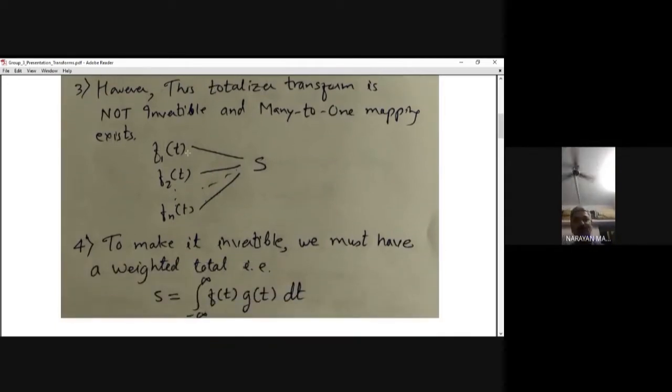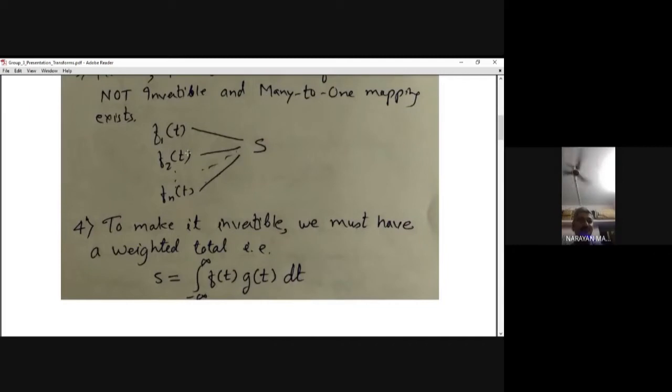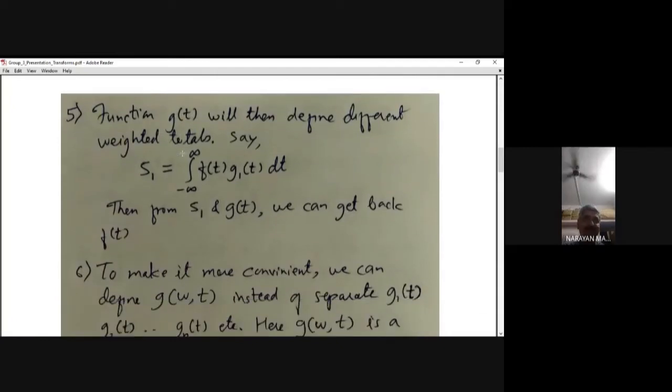Now, to attempt to make it invertible, instead of a plain total we can have a weighted total. It should have been given subscript W, but I forgot to write that. It is the integral of f(t) multiplied by g(t), where g(t) is a weight curve, dt, integrated over the entire time, and that will be S. Then the function g(t) itself will determine different weighted totals.